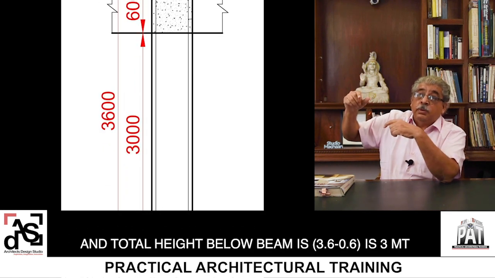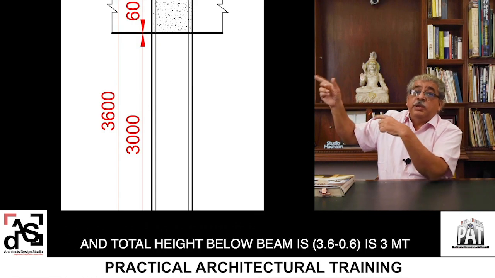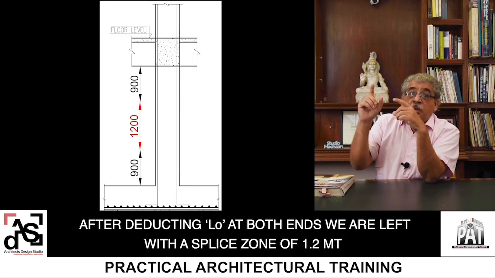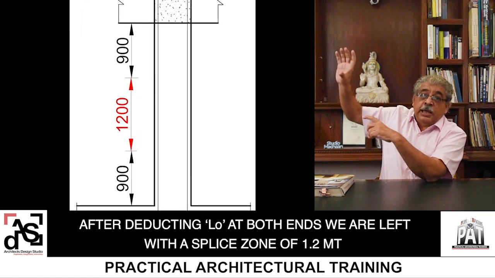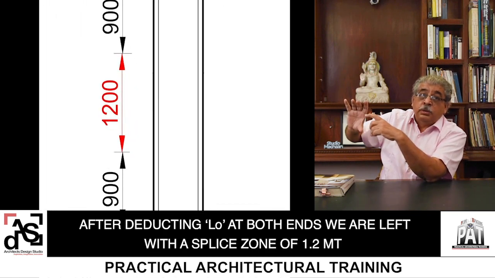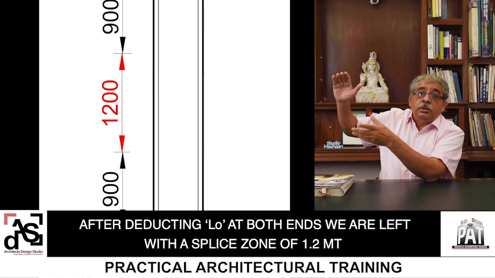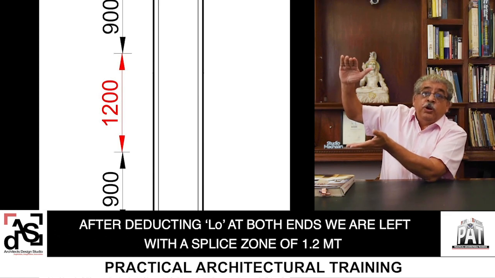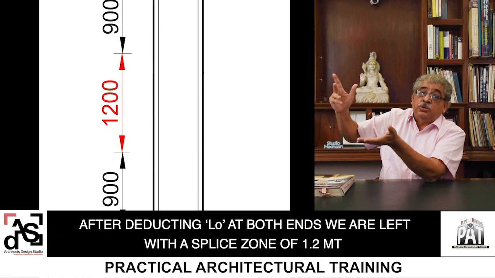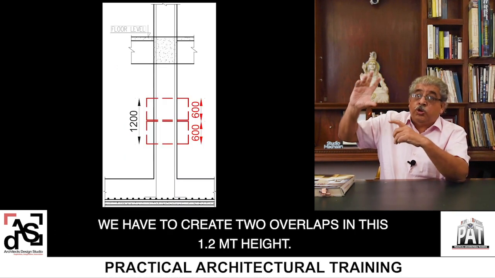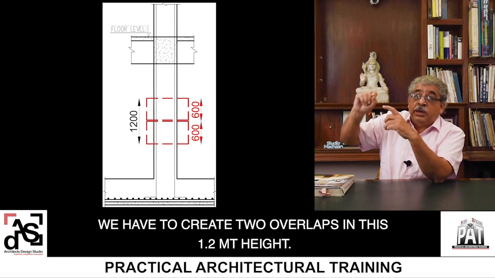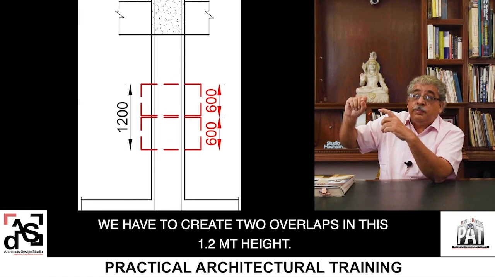and total height below the beam is 3 meters. After deducting LO on both ends, which is 0.9 and 0.9, we are left with a height of 1.2 meters as the splice zone. So in this 1.2 meters, we have to create two overlaps.